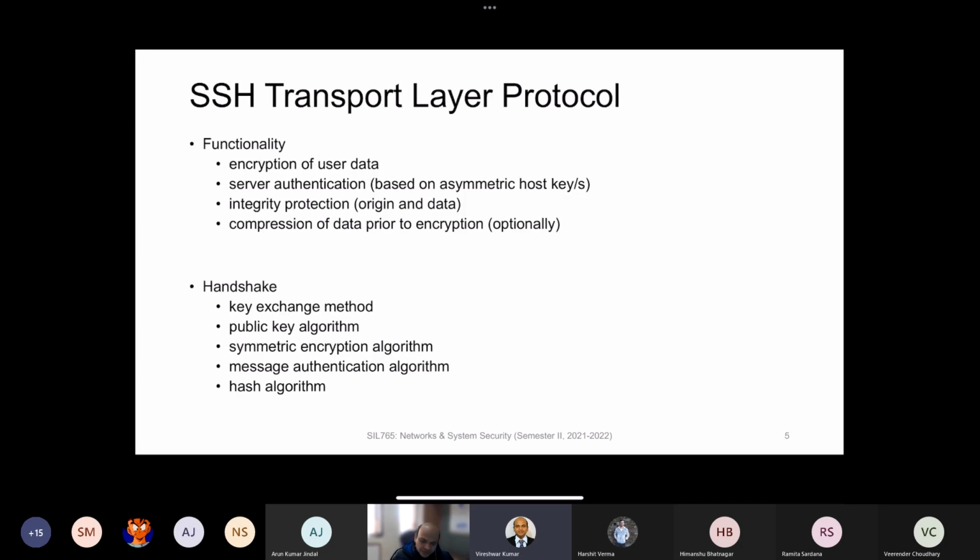Now I will go through each of these three in a little bit more detail. But at the high level, is this stack clear to everyone? What is happening in SSH? Because we have discussed TLS, and if you have understood TLS, things will be very similar here. I just want to highlight a few differences.